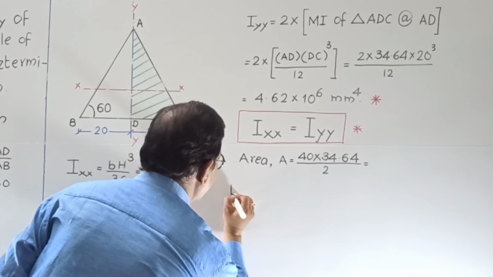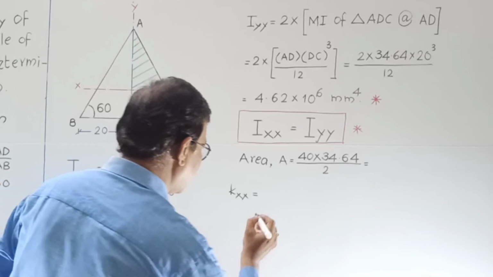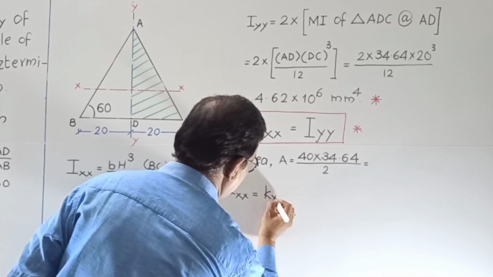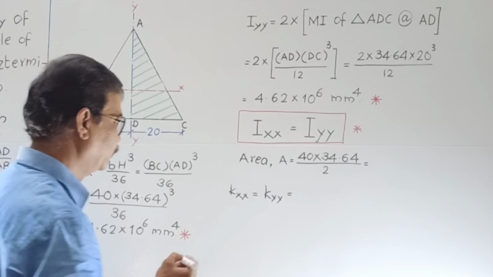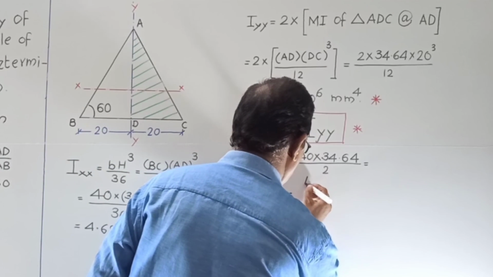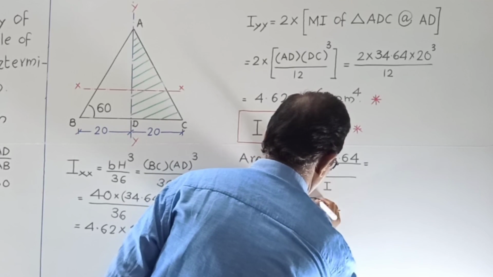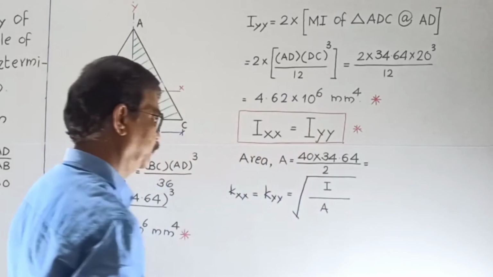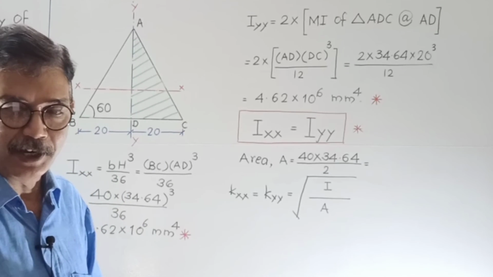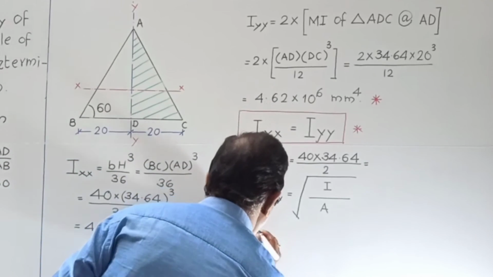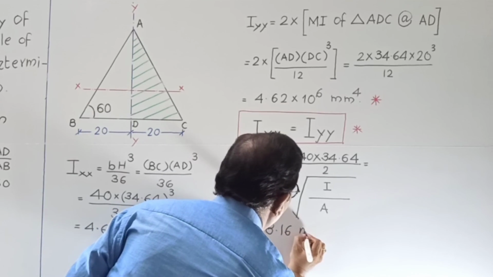Therefore, the radius of gyration about the XX axis and about the YY axis will also be equal in this case, because Ixx and Iyy are equal, is equal to the square root of I upon area A. If you substitute the value of I and the area, you will get the value of Kxx and Kyy equal to 8.16 mm.